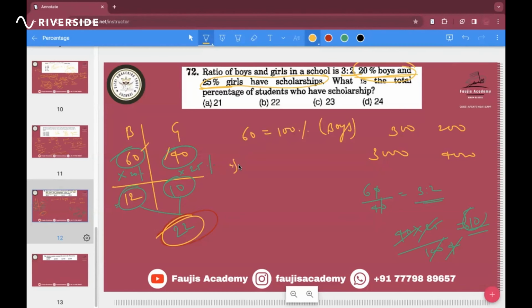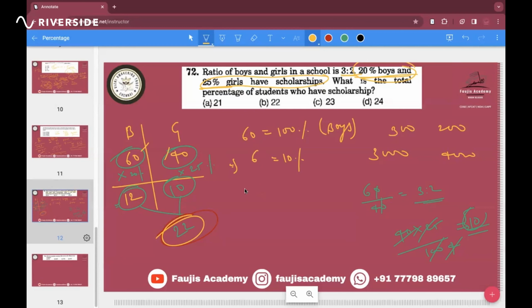So what is 10%? We have removed one zero from here, so over here also we'll remove one zero, no? So how much will be 10% of 60? Is that 6, sir? Yes, it's 6.